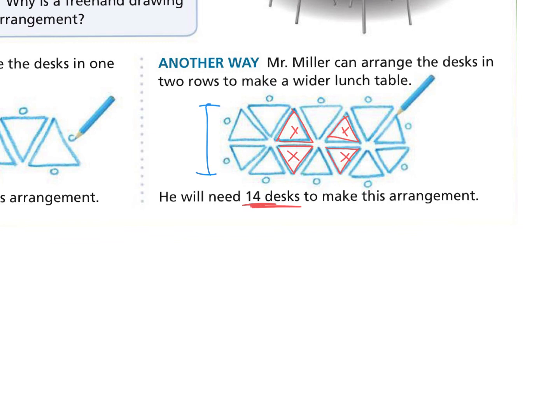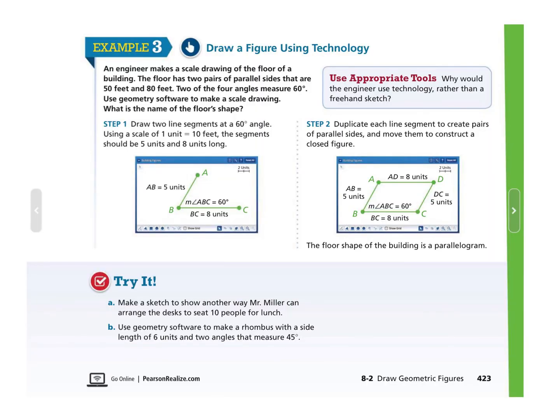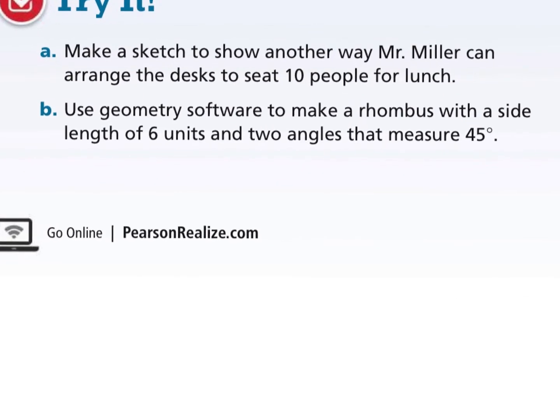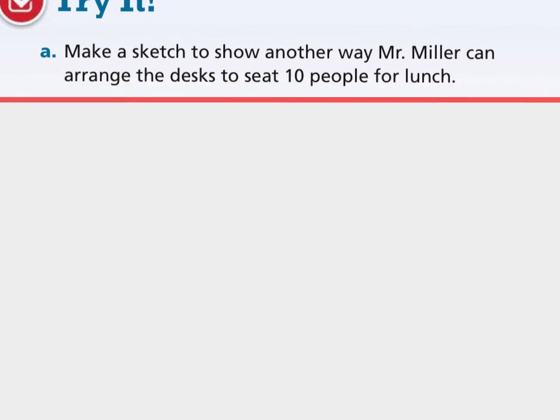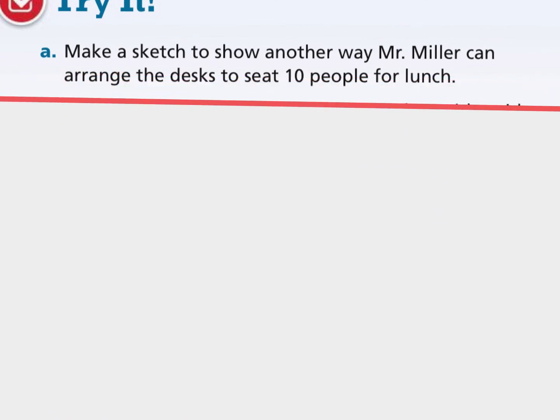If we look at going down to the triad at the bottom of the page, so skipping over example 3 for a minute, they're just talking about other ways we can arrange the desks. So one way would be we could just separate the desks from each other.